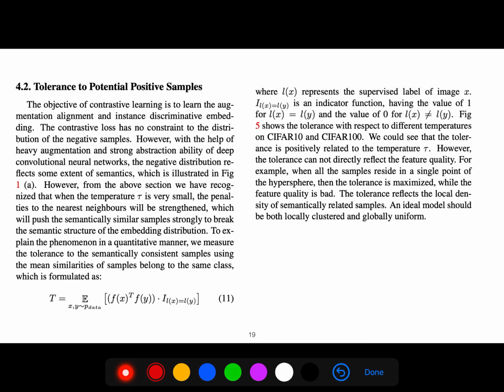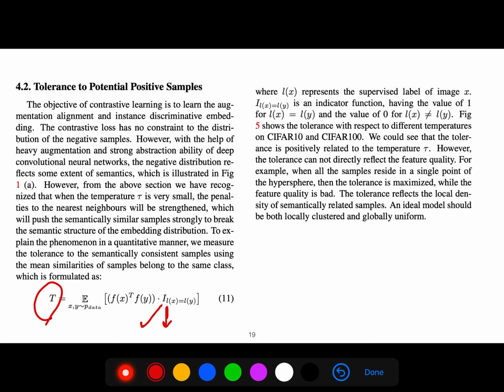To explain the phenomenon in a quantitative manner, we measure the tolerance to the semantically consistent samples using the mean similarities of samples belonging to the same class, which is formulated like this. This L represents a supervised label of the image, I is the indicator as usual, and we could see that the tolerance is positively related to the temperature tau.